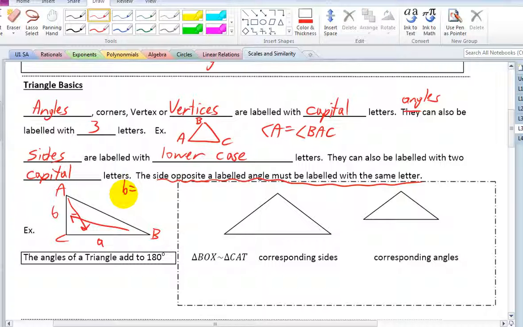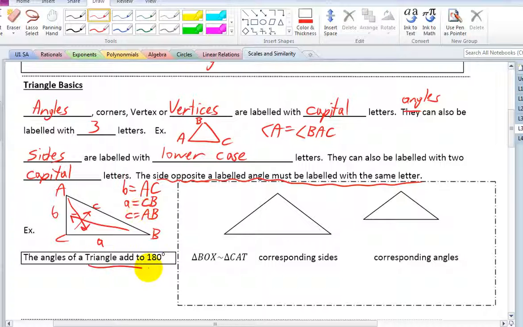What's the different name for that side? Well, AC, the capitals. What's the other name for little a? CB or BC. And here's little c. What's its other name? AB.